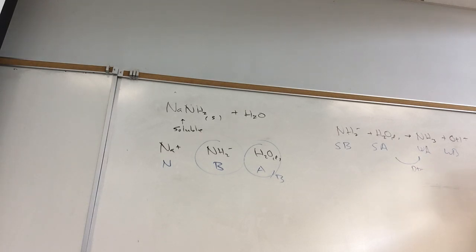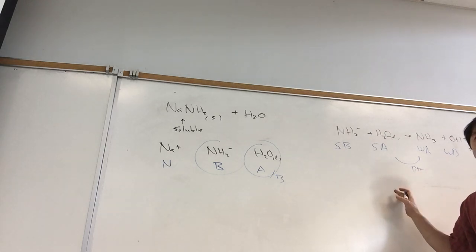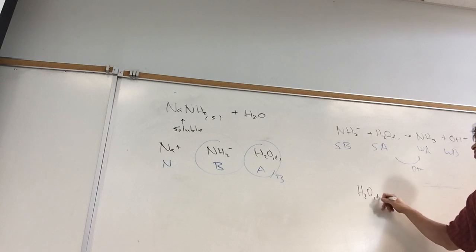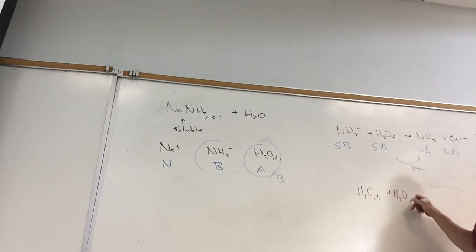Professor, is it safe to assume that the strong acid and base will always be on the reactant side? No. Sometimes the strong will be on the product side. There are two things we do when it's on the product side. For example, H2O liquid plus H2O liquid.